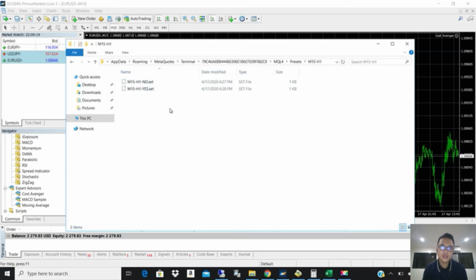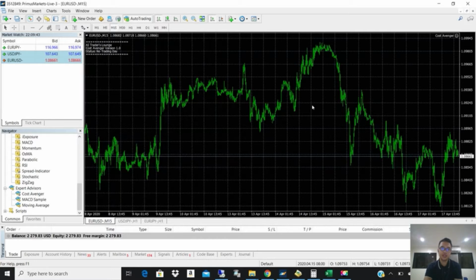Although you choose a yes, since M15 reacts faster, M15 becomes overbought and oversold faster, so the robot will trade much faster even if you choose the yes at M15H1.